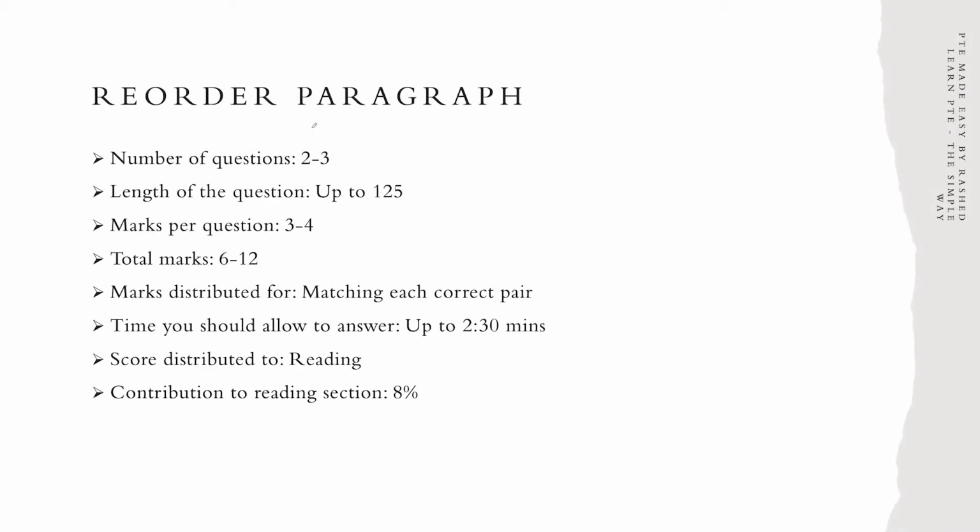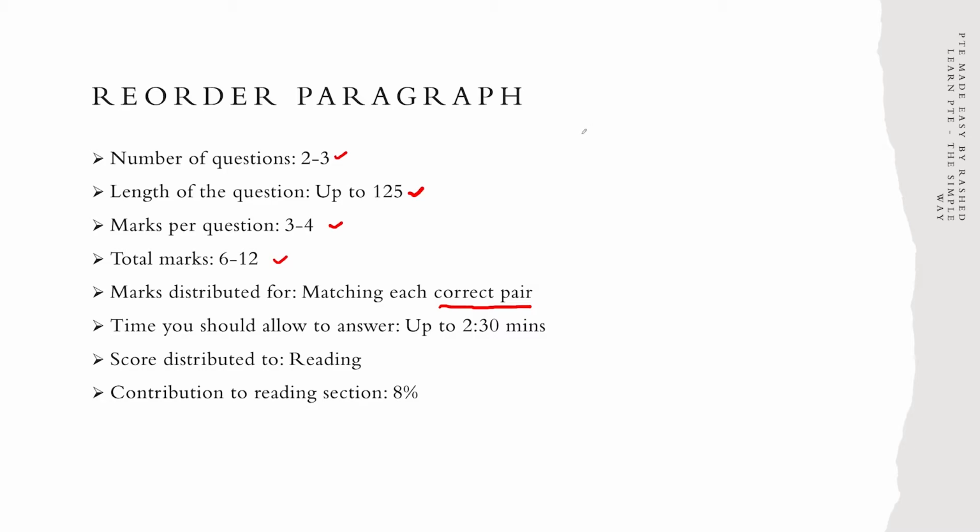For reorder paragraph, the number of questions you get is 2 to 3. Length of the question can be up to 125 words, and mark per question is 3 to 4. Mark is awarded altogether, total is 6 to 12. Mark is distributed for correct pairs. If you do not understand what is a correct pair, let me give you an example.